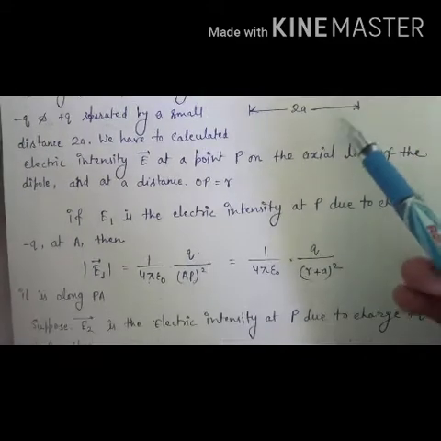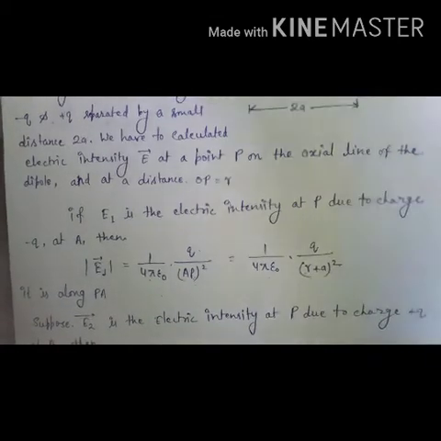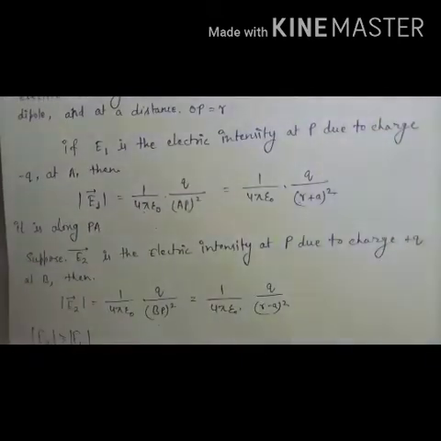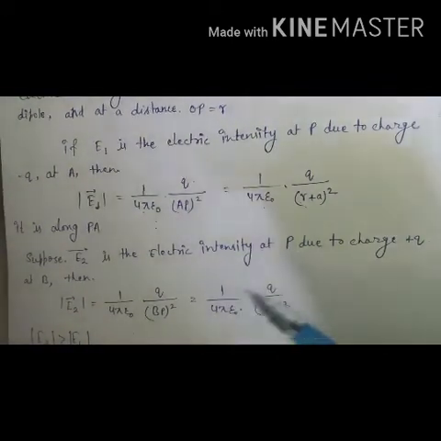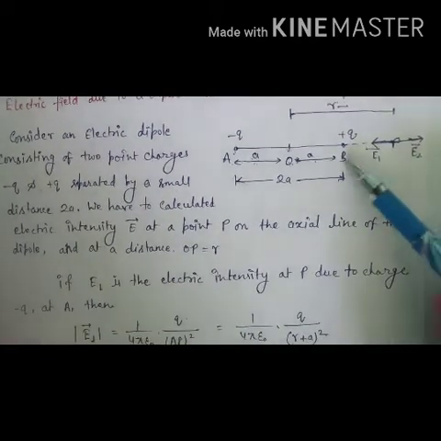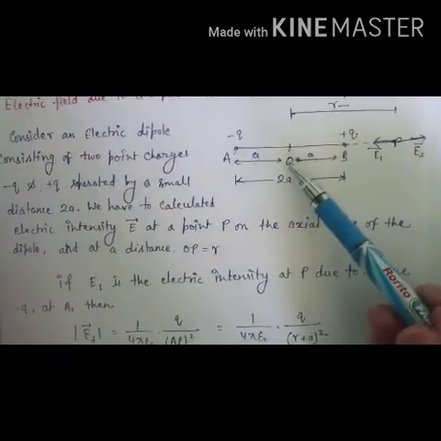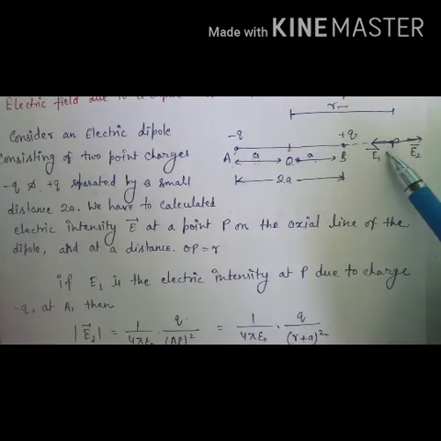Now we have charge plus q, and the electric field intensity due to it is E2. So E2 is equal to 1 upon 4 pi epsilon naught, q upon BP square, where from the figure BP is equal to r minus a.